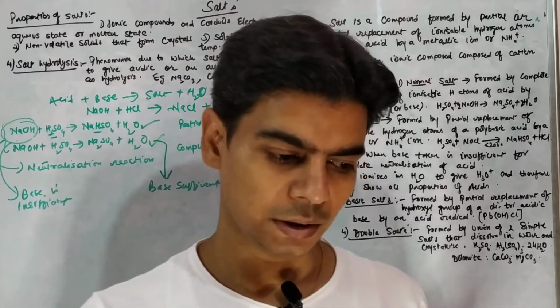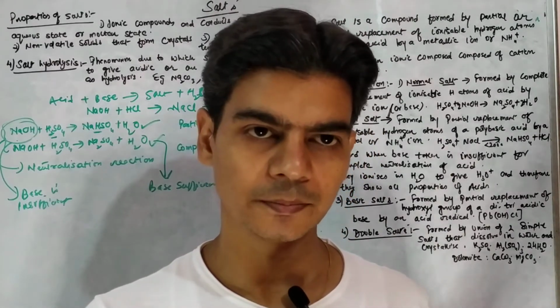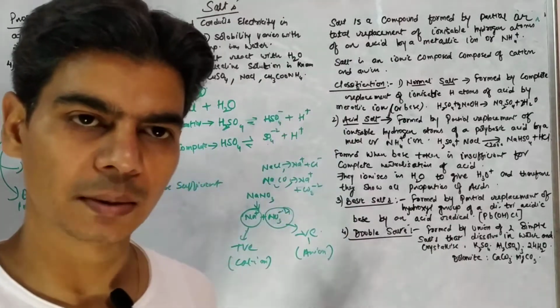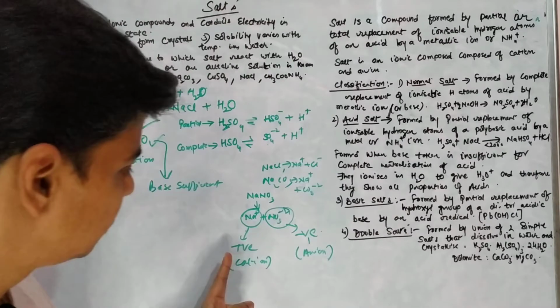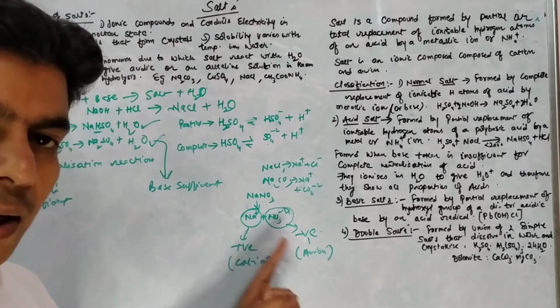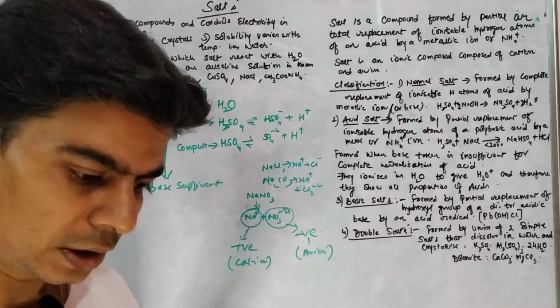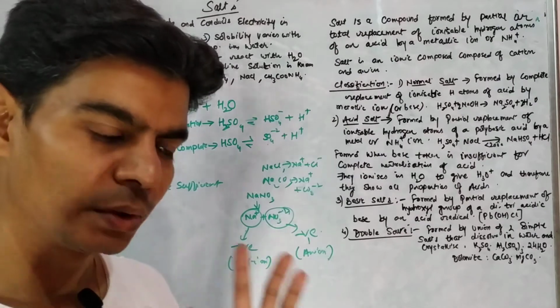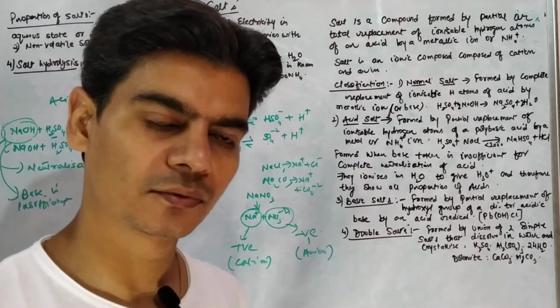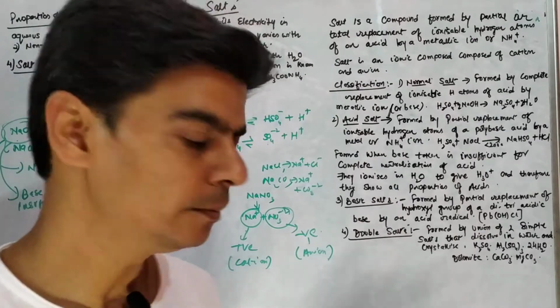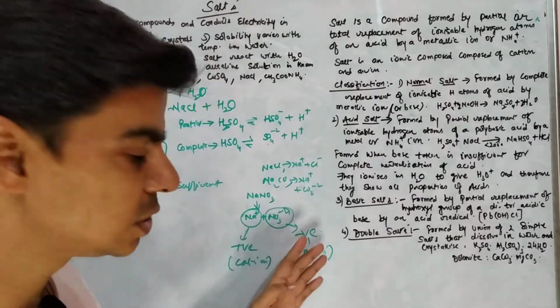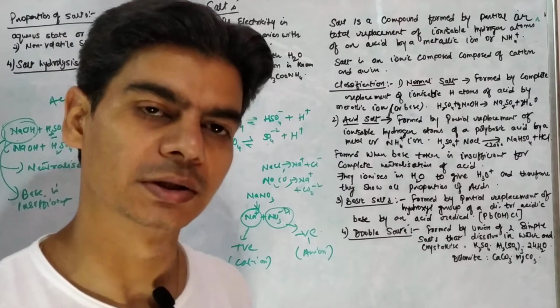That is, in these salts, which are ionic compounds, the positive ion and negative ion are attracted towards each other by a very high electrostatic force of attraction. Due to this electrostatic force of attraction, these salts are solids.